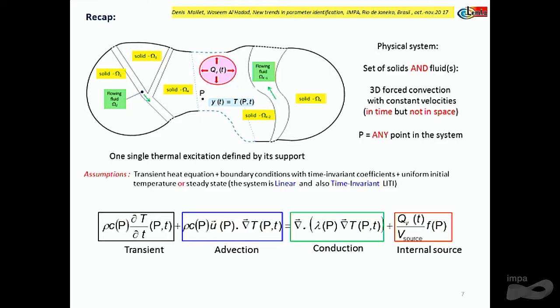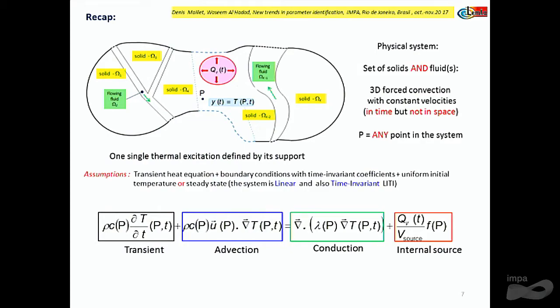So we consider the transient heat equation, which is written here, with boundary conditions that have time invariant coefficients also, and for example, a uniform initial temperature field or steady state. In this case, the system is said to be linear with time invariant coefficients.